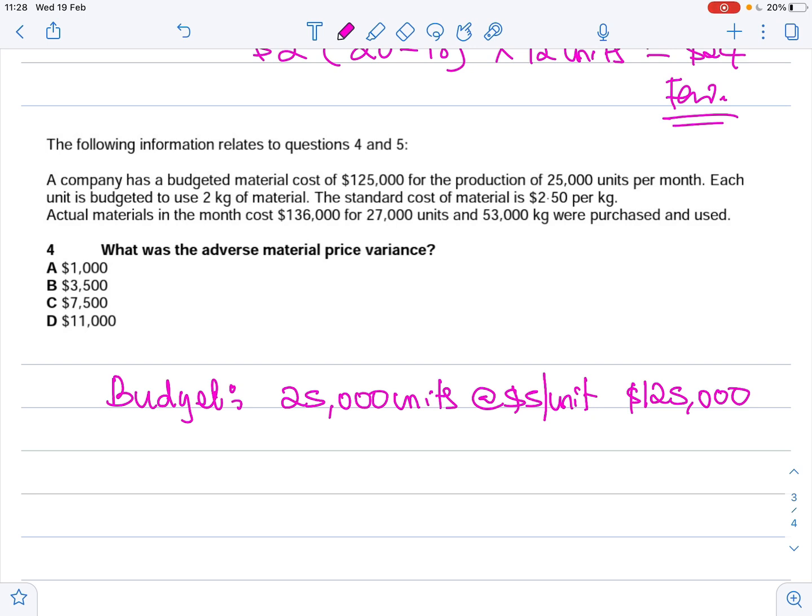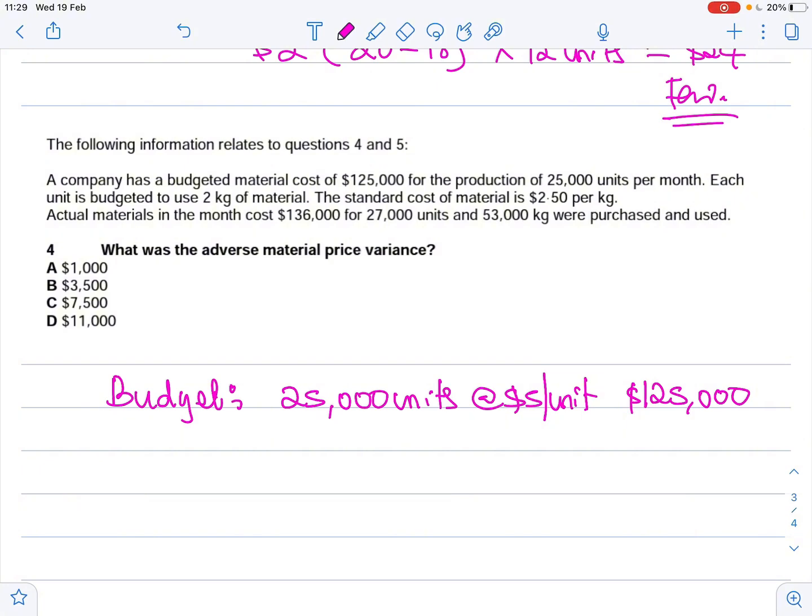So for each unit, the plan was to pay $5. Okay, good. Remember, the company is the one buying the raw materials. Good. All right. So we have this.